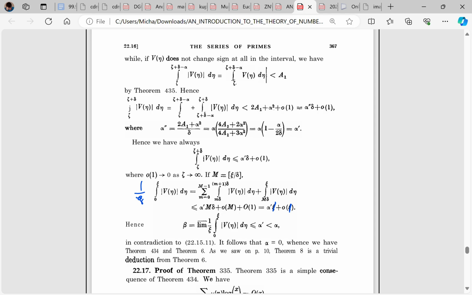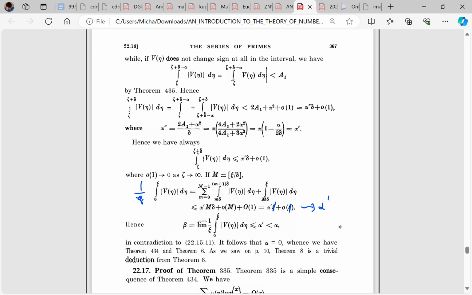So beta is defined to be the lim sup of that. If we take the lim sup of both sides, here the limit is just alpha prime. Okay, so the lim sup is equal to the limit. It's alpha prime. On the other side, the lim sup is beta.